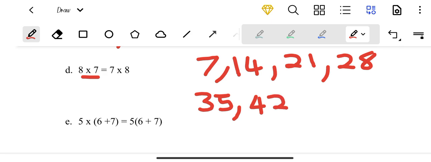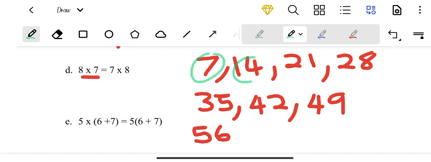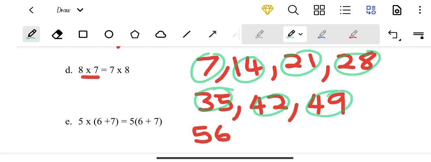Another one, so it's 1, 2, 3, 4, 5, 6. Another one is going to be 49. Another one is going to be a 56. Let me see. So it's 1, 2, 3, 4, 5, 6, 7, and an 8.